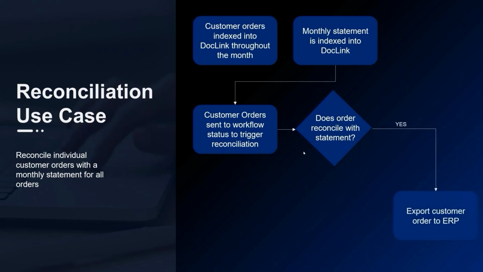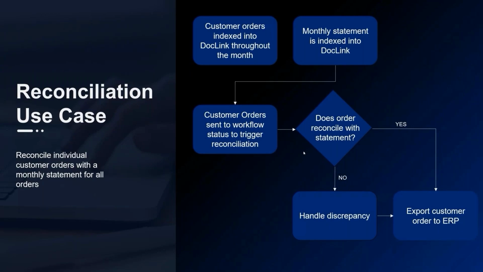And if it does, then that customer order is moved to a workflow status, and basically it's telling DocLink we're ready to export that customer order right to the ERP for handling. Now, if it doesn't reconcile, if there is an issue, then it's presented to the user, and the user takes some action to fix it, and then it's moved to that workflow status where it says it's ready for export.